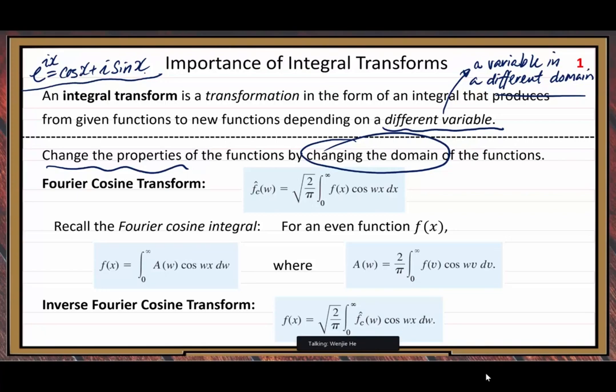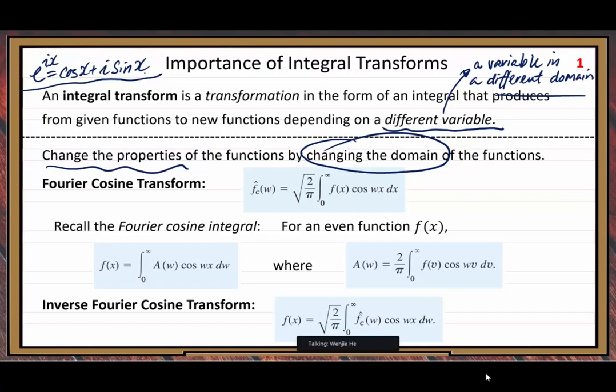Another thing: people may get confused when you compare the Fourier cosine transform and the Fourier cosine integral. What's the difference?